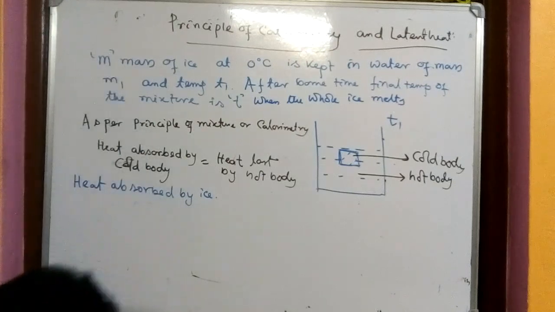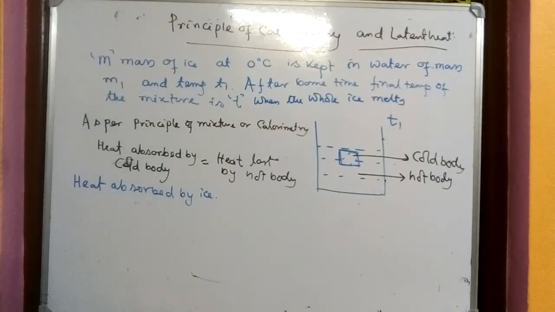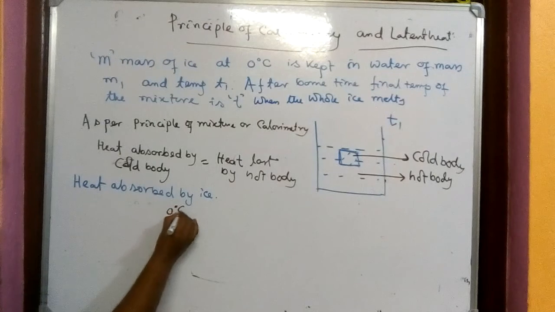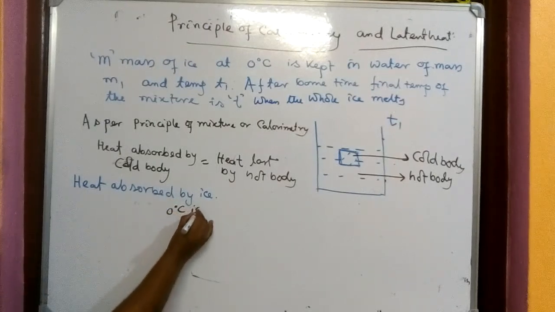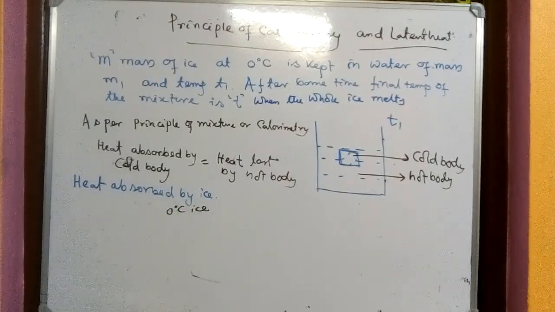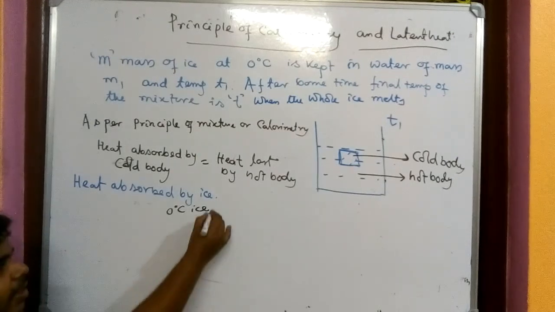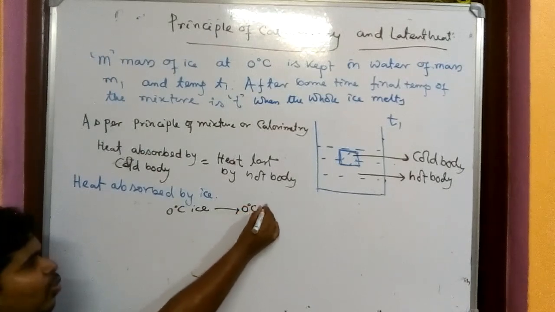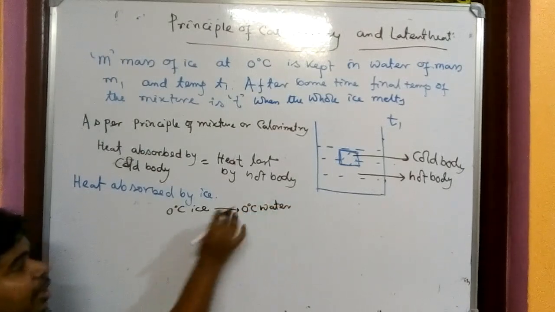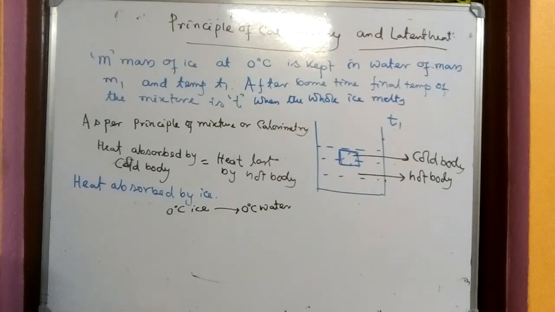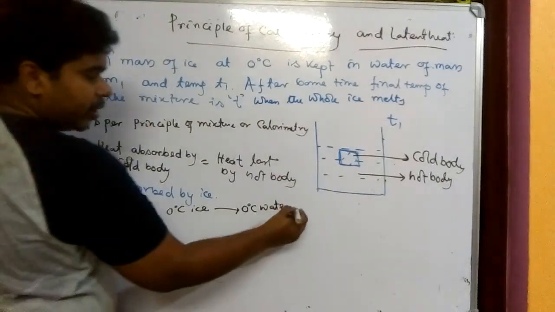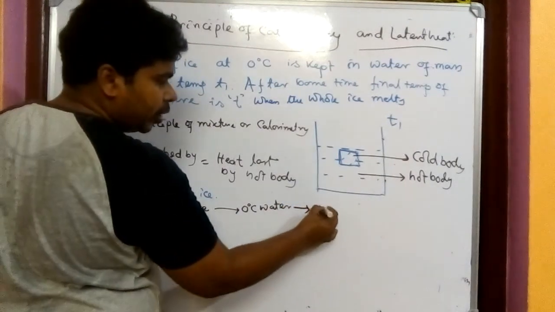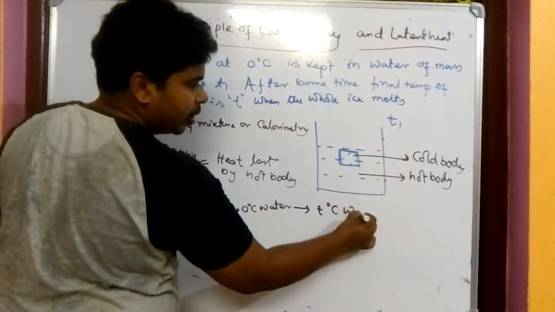Initially the temperature of the ice is 0 degree centigrade. So the 0 degree centigrade ice will first change its state. The 0 degree centigrade ice goes to 0 degree centigrade water. See, here the temperature will not change, only the state is changed. And then the 0 degree centigrade water is converted into T degree centigrade water.